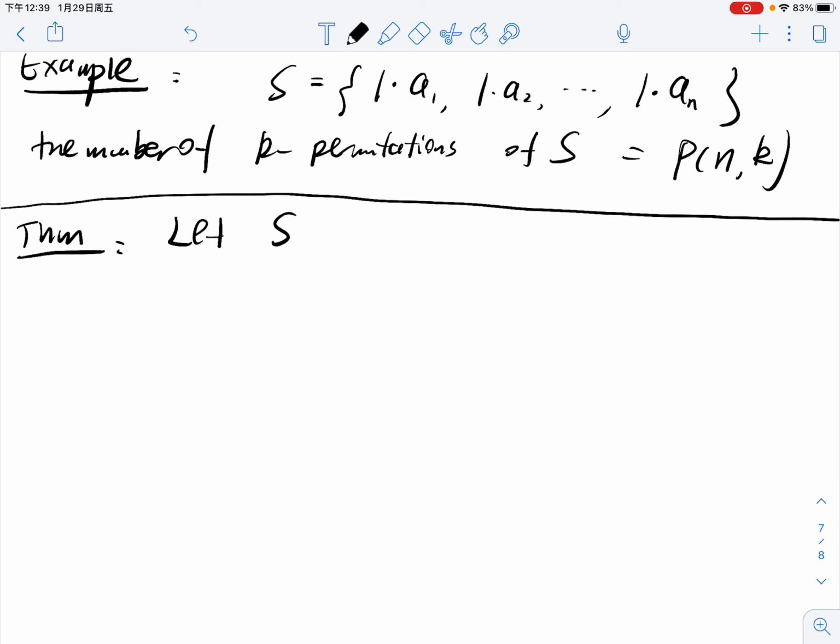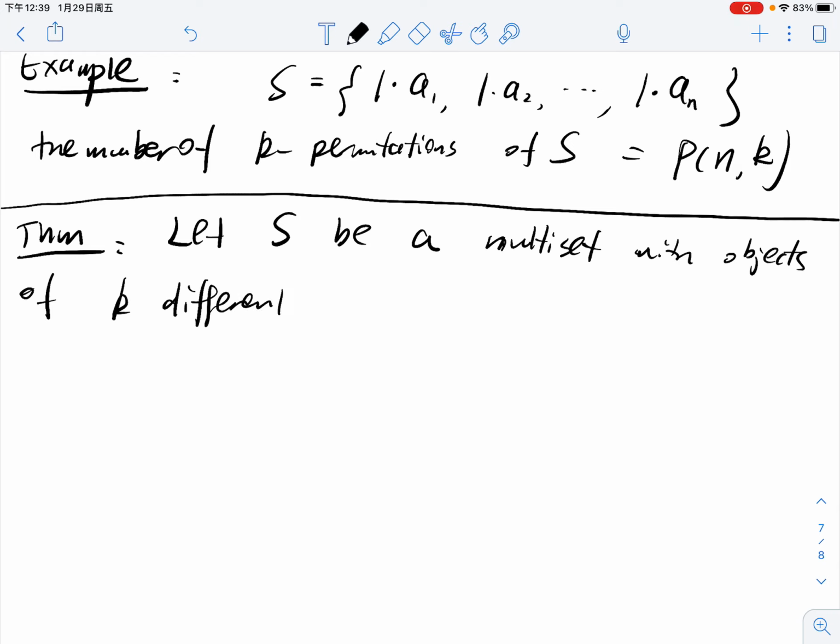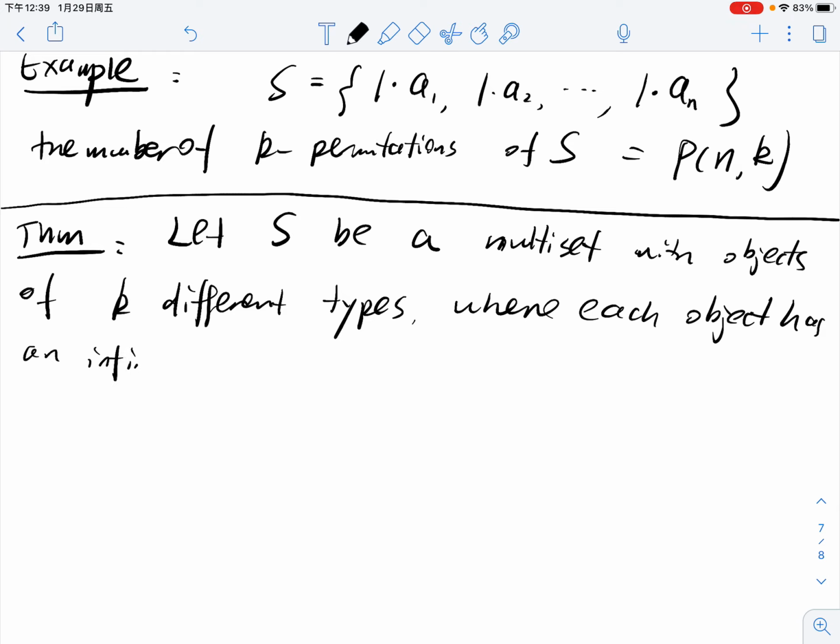So let S be a multiset with objects of k different types, where each object has an infinite repetition number.